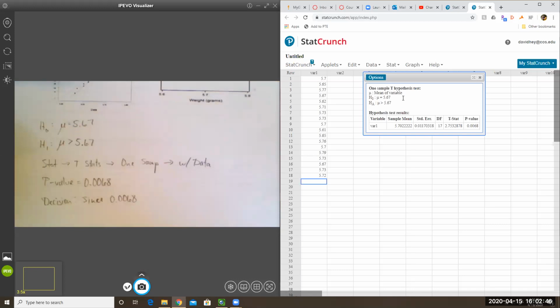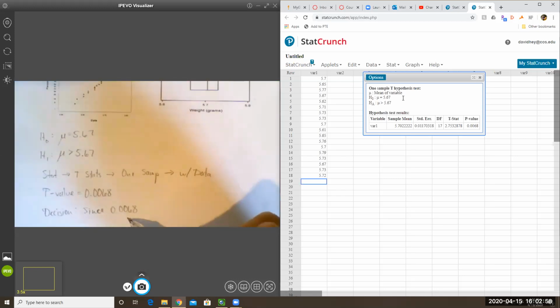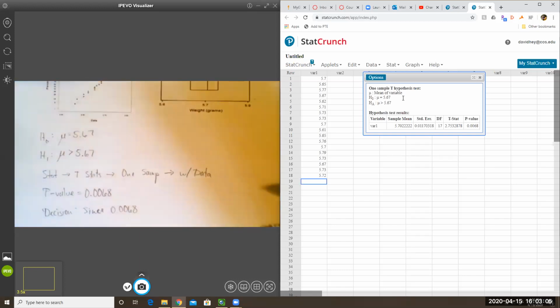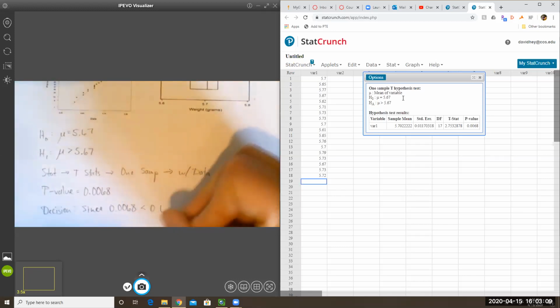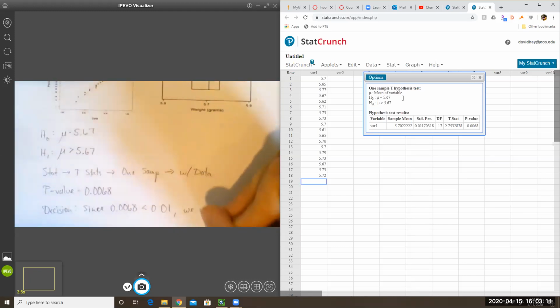The most common level of significance, there are three most common ones. They're 0.10, 0.05, and 0.01. The smallest of those is 0.01, and this is even smaller than that. So whatever we choose for alpha, we're going to be rejecting the null hypothesis. It doesn't really even matter. I'm just going to say we're definitely rejecting.